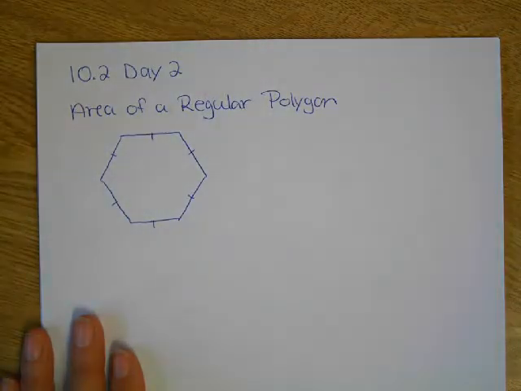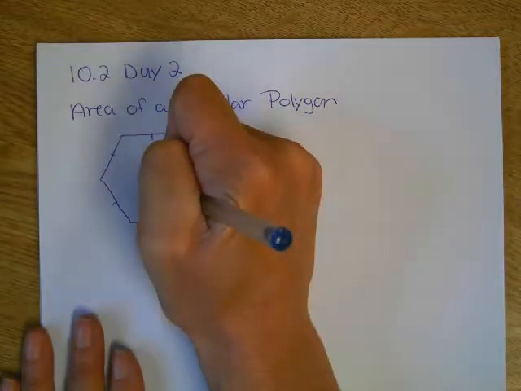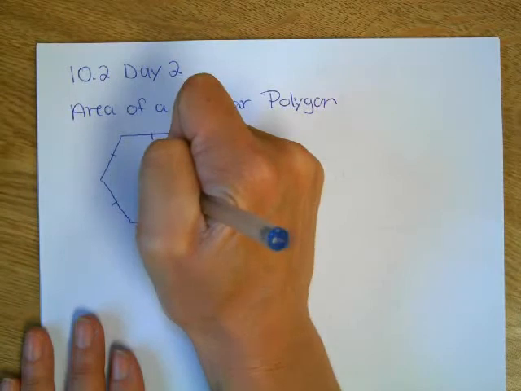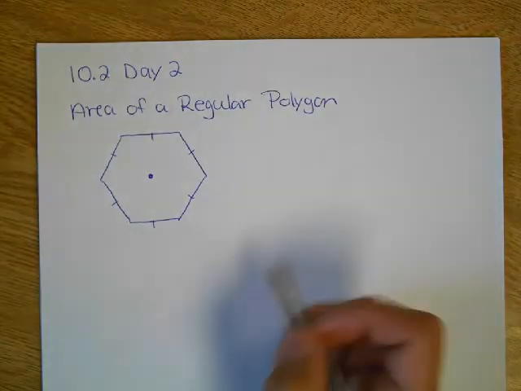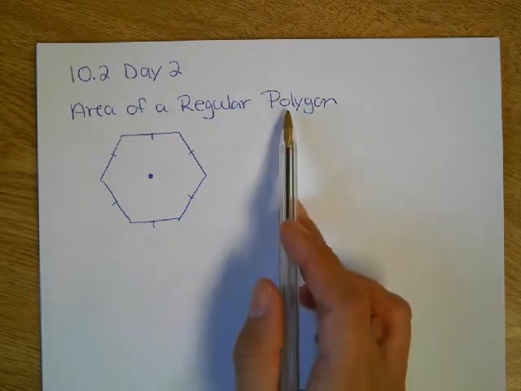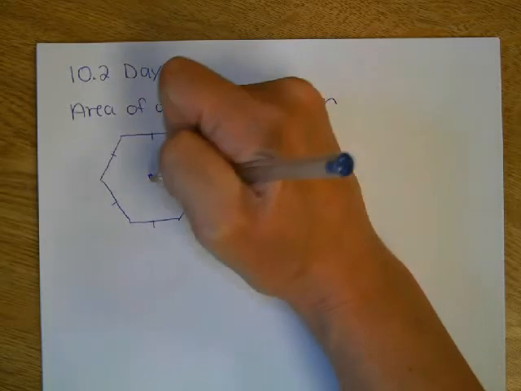Now, the parts that we're going to be using in our formula, we have the center of our polygon. And when you hear the word radius, you automatically think circle. But polygons also have a radius. The radius is a segment from the center to each vertex.